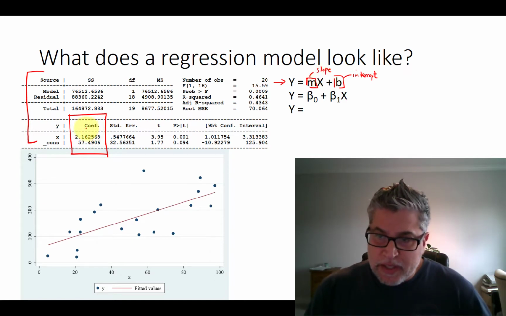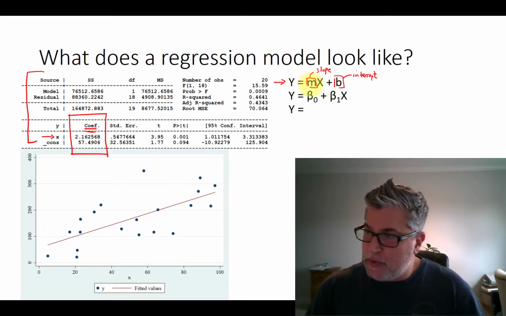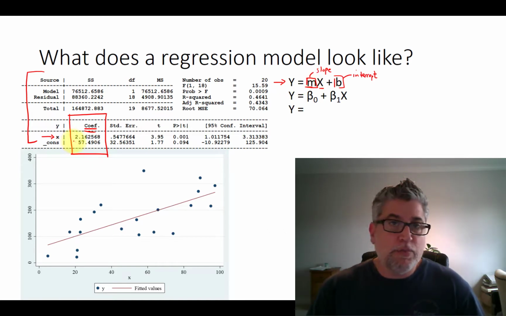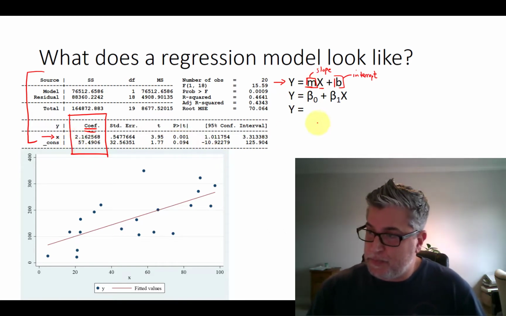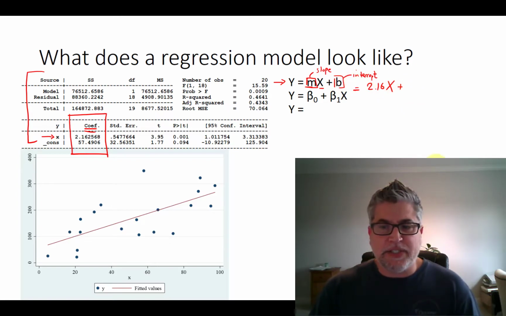Well, that's what these coefficients actually mean. The coefficient that's attached to the variable x, that's your slope. Notice it's attached to the variable x. So our slope is 2.16. So we have 2.16x plus an intercept.